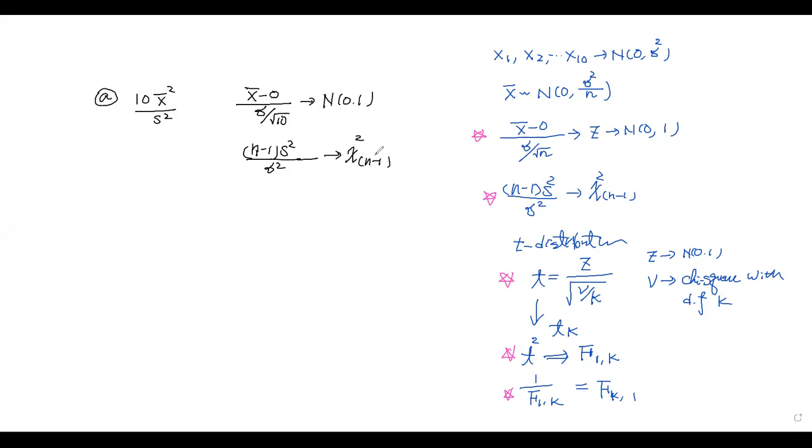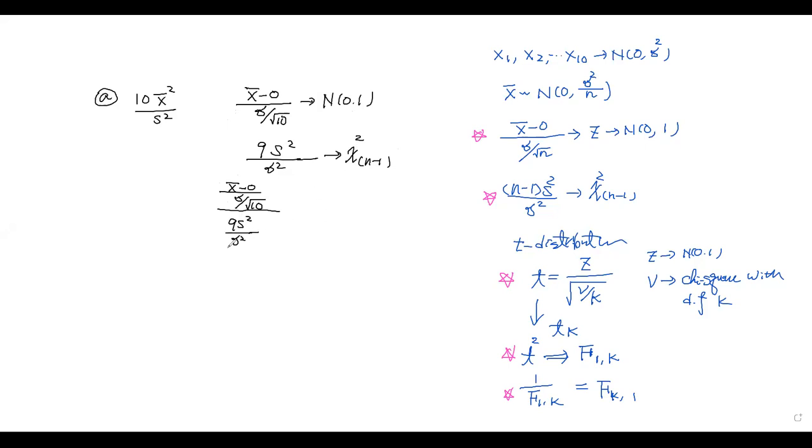Okay, so now I want to combine these two. This is x bar minus 0, and this is sigma over square root of 10. And n minus 1 will be 9, so it's 9S squared over sigma squared.